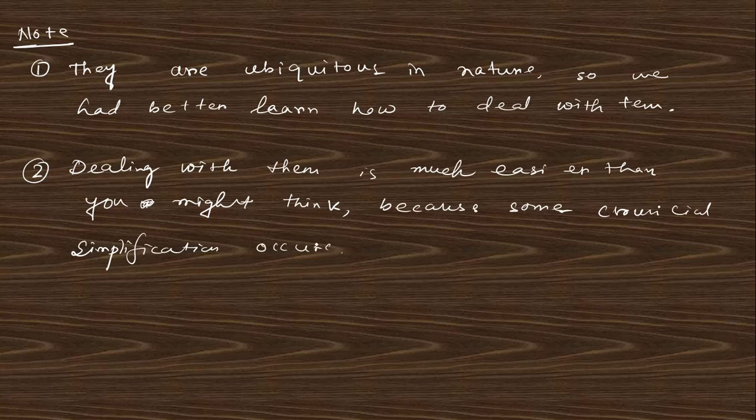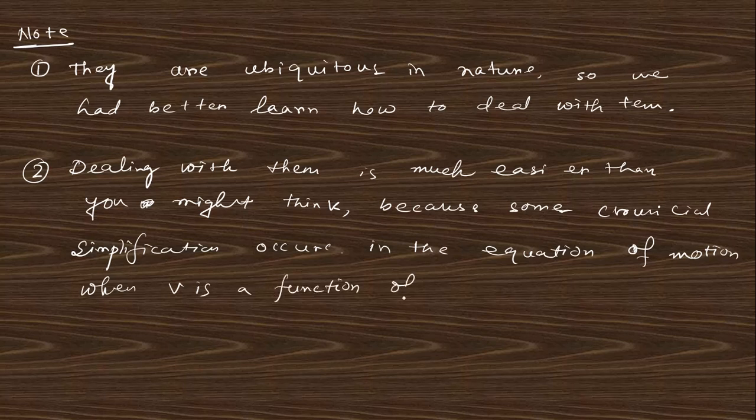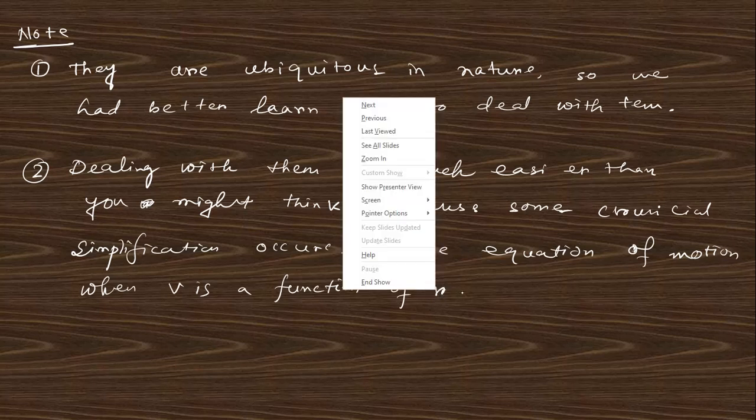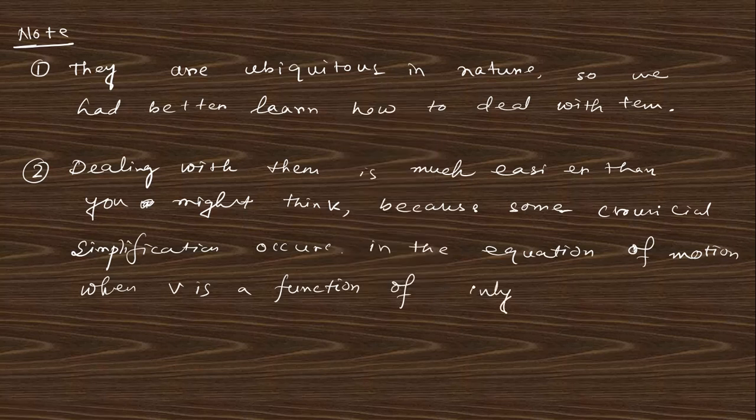That is, if we can represent the equation of motion by a central force, then the solution will be easier in the equation of motion, because when V is a function of r only, the variables are reduced to r only.